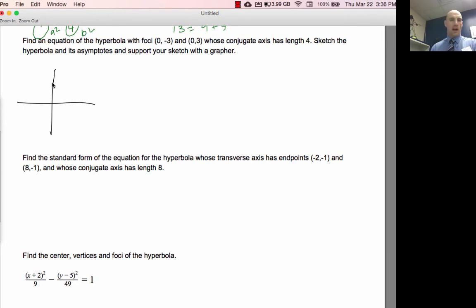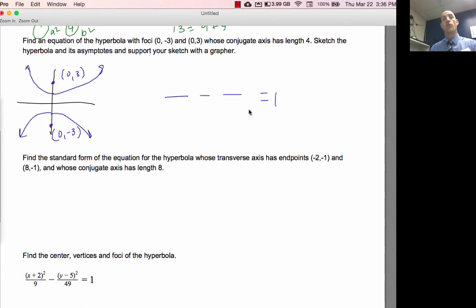I've got these foci, I'm going to draw those in, and they're at 0, -3, and 0, 3. So that tells me that I've got a hyperbola that opens up this way, and that's going to help me establish the form of my equation.